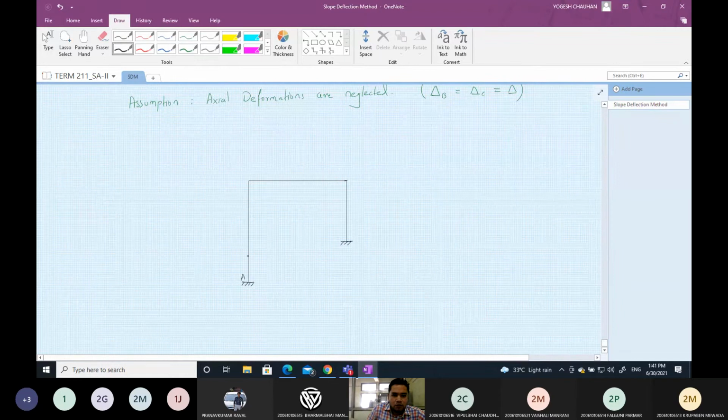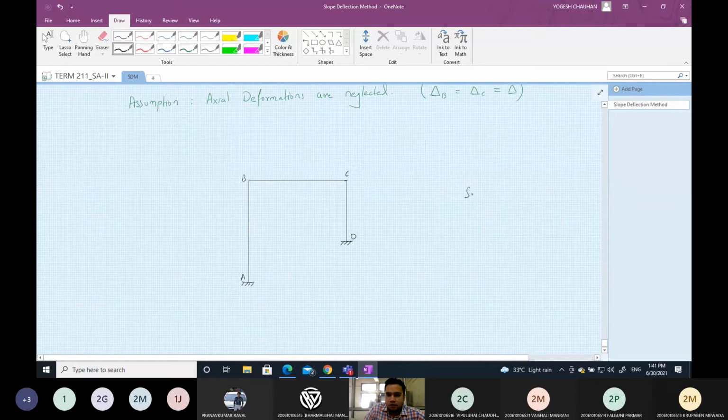So this is A, B, C and D. Now here we can see that this frame is unsymmetric in terms of its geometry.